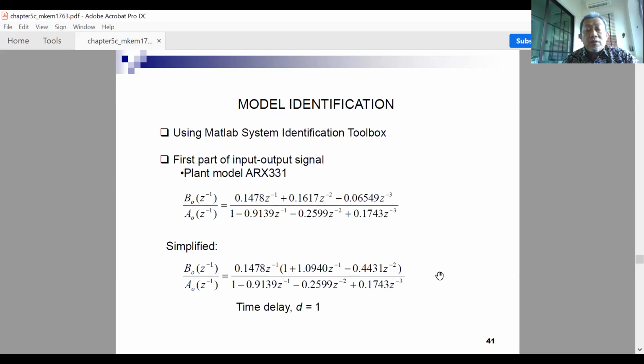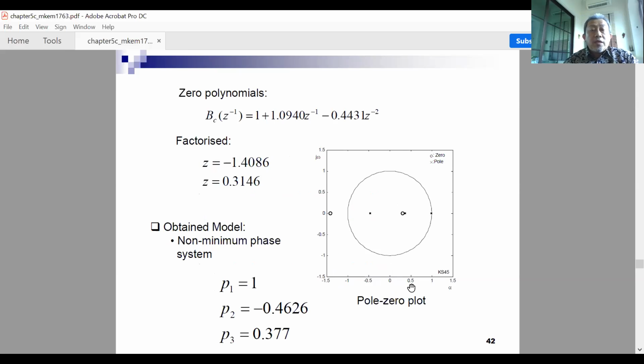Okay, so kita lihat di sini, numerator ni bila equal to 0, kita akan dapat 2 zeros. Dan denominator ni kalau equal to 0, kita akan dapat 3 poles. Okay, so dia jadi macam ini.